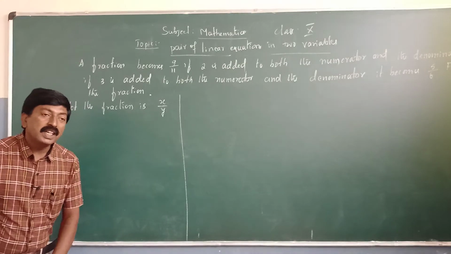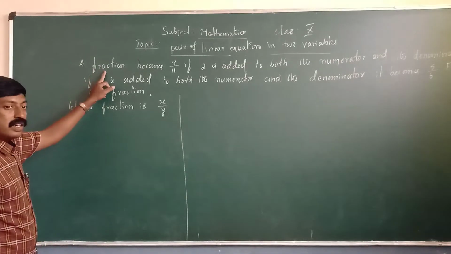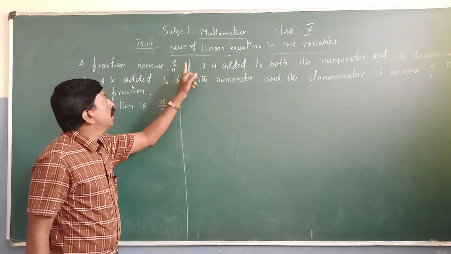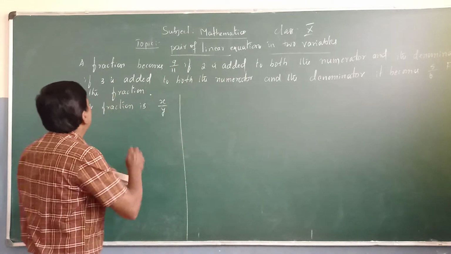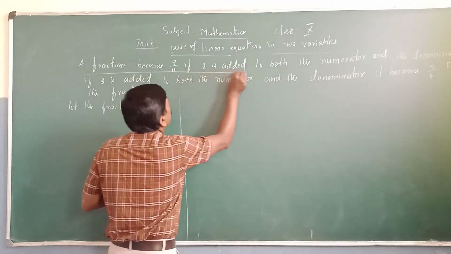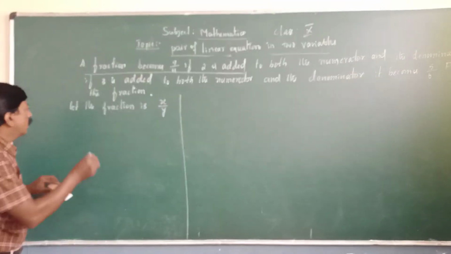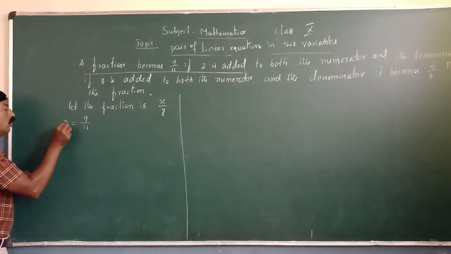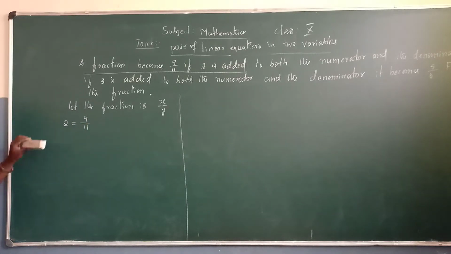Now read the statement. A fraction becomes 9 by 11 if 2 is added. Remember this: a fraction will become 9 by 11 if 2 is added to both numerator and denominator.